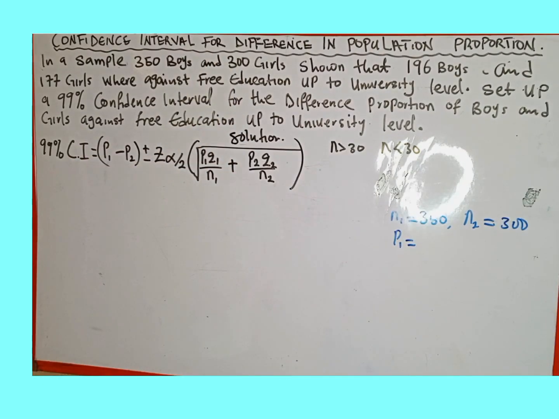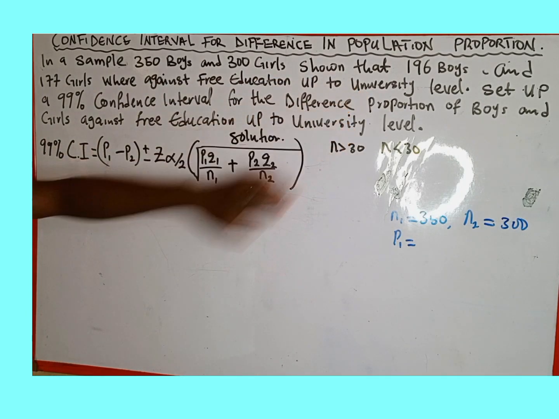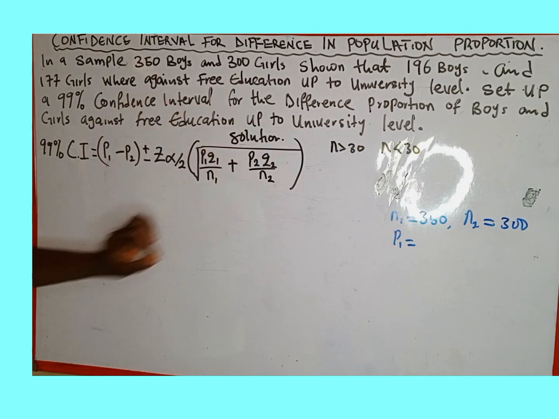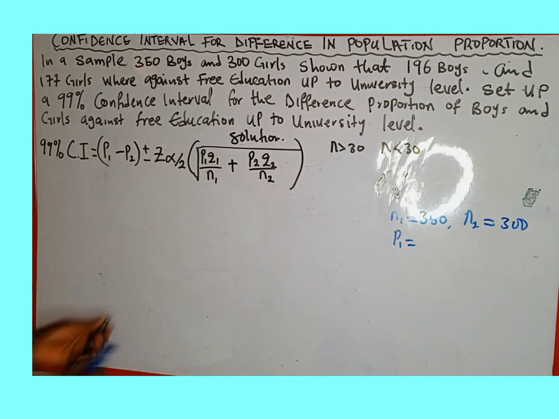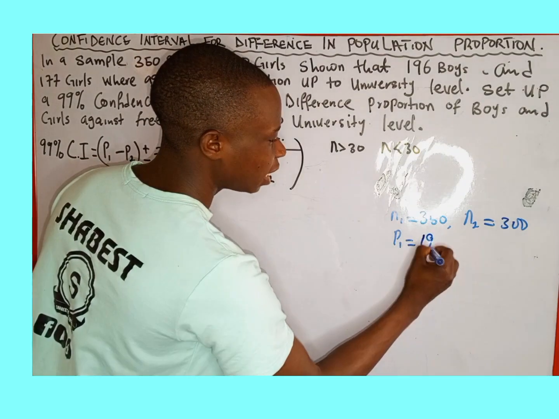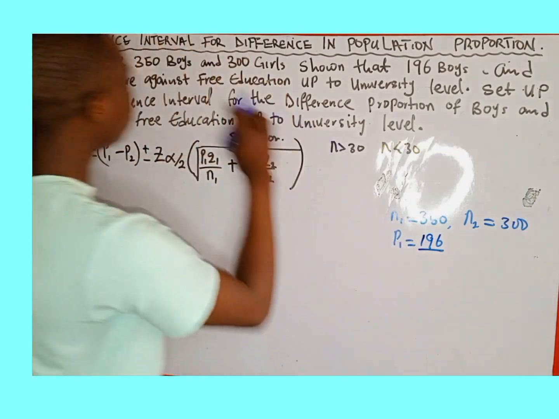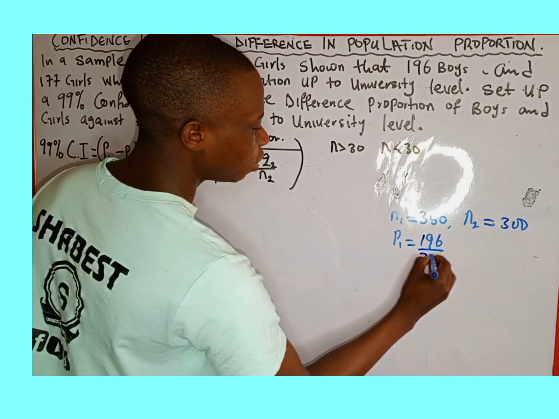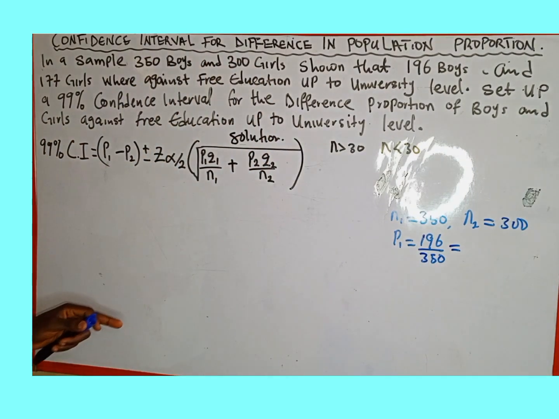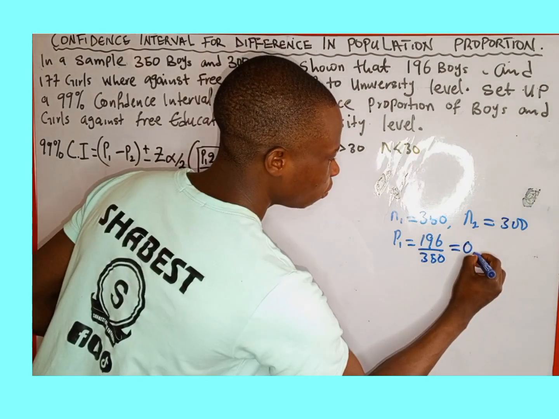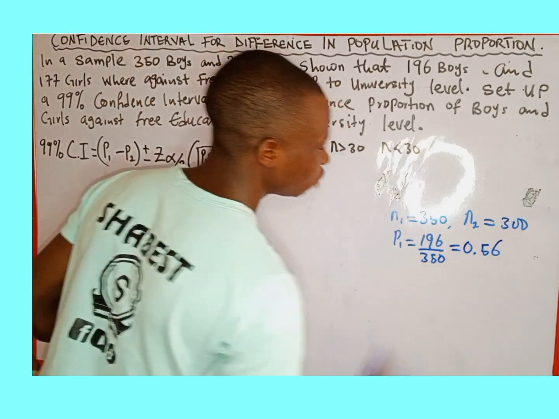To get P1, we are going to use 196 boys that are against education, divided by the total number of the sample of boys, which is 350. So 196 divided by 350 is going to give us 0.56. So this is P1.